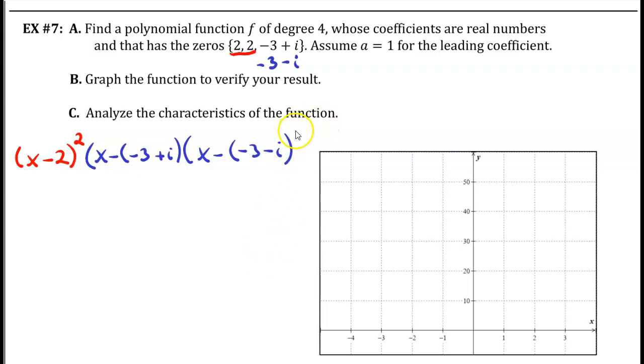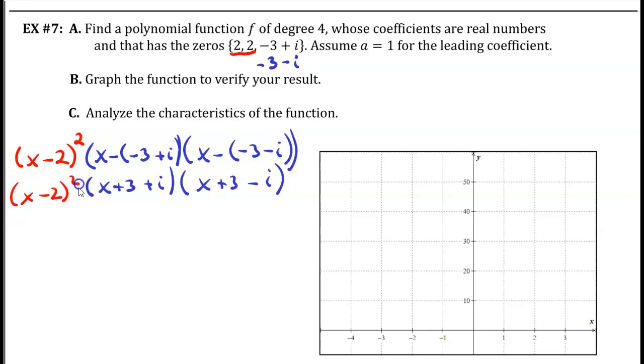I think both of these need another parenthesis to close it. There we go. And let's simplify a little bit, distribute that negative, so x plus 3 minus i, and we'll have x plus 3 plus i. And we still have the x minus 2 in front, squared.